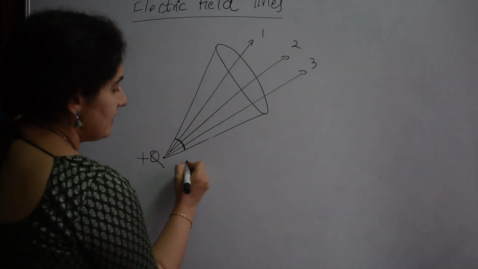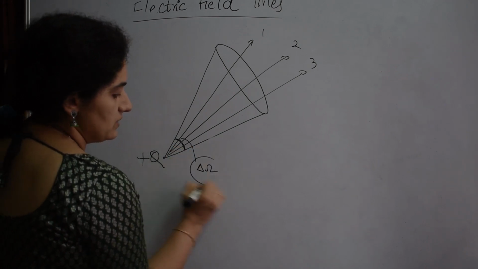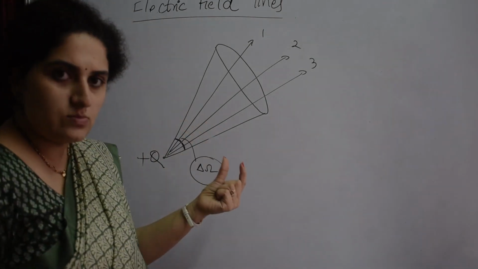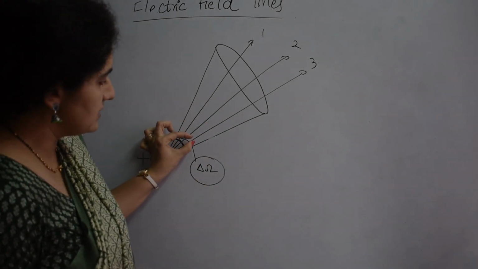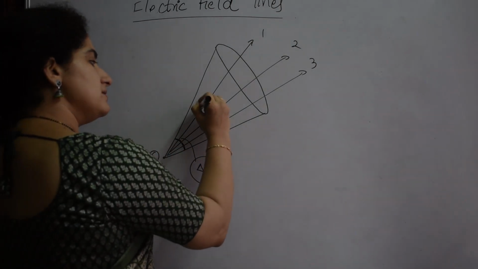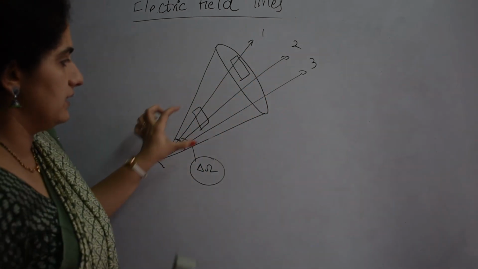So if I represent this angle as delta omega, it is the angle subtended by the cone, a very very small angle. So you have to consider in each case and keep any one surface area here or here. The same surface area you have to consider.